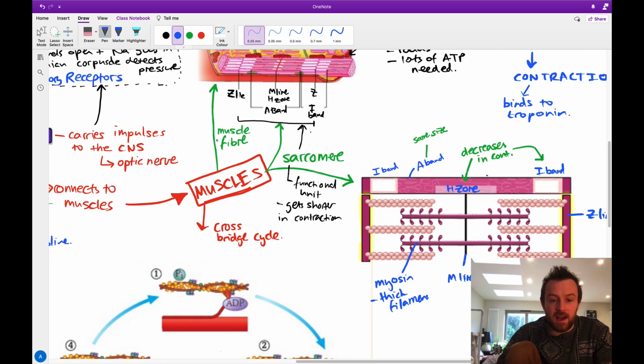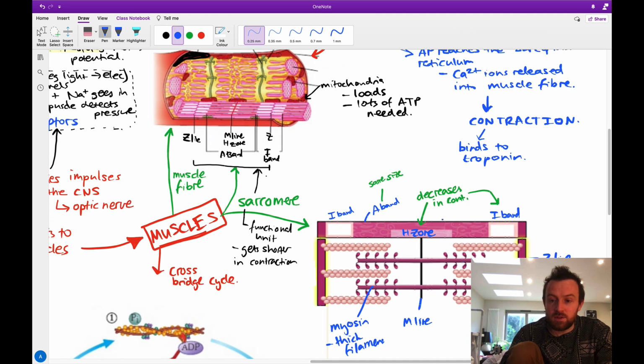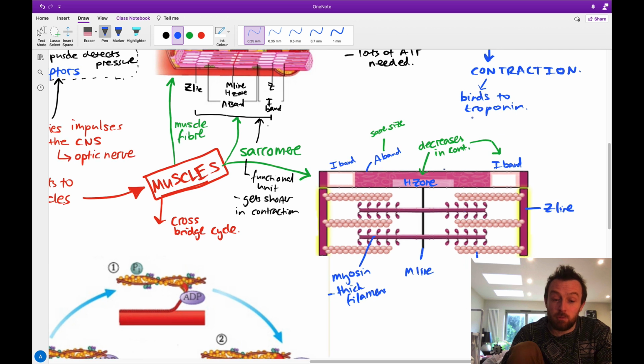And before we get into that, I actually want to just focus up here. So we said that in the contraction, the calcium ions bind to troponin, and then the troponin, once it's bound to calcium, moves tropomyosin out of the way, which then leads to the cross-bridge cycle.